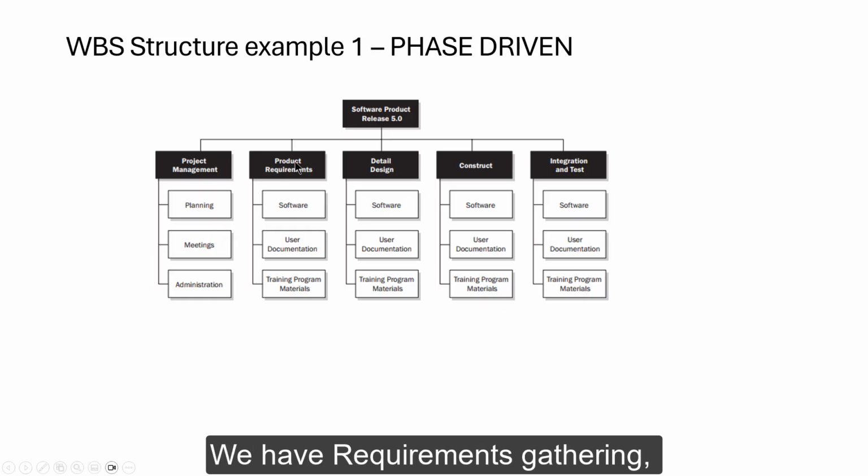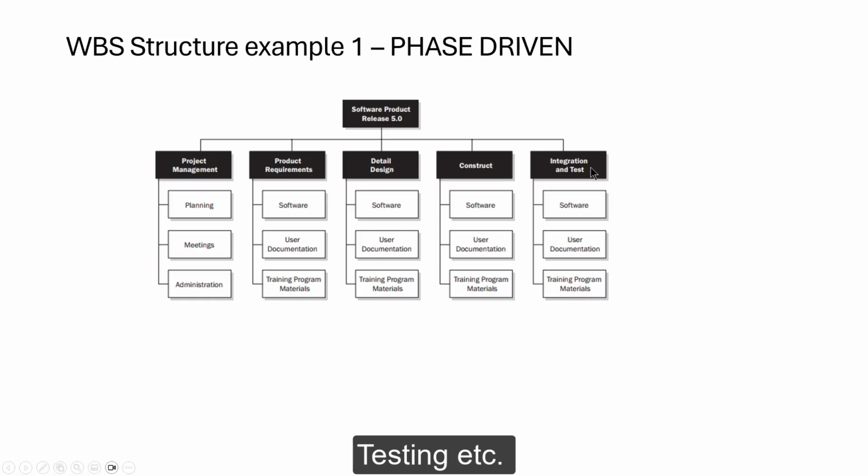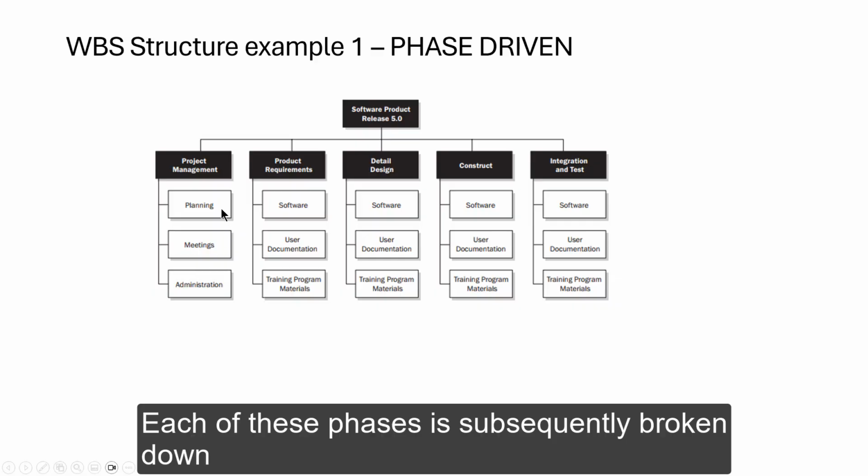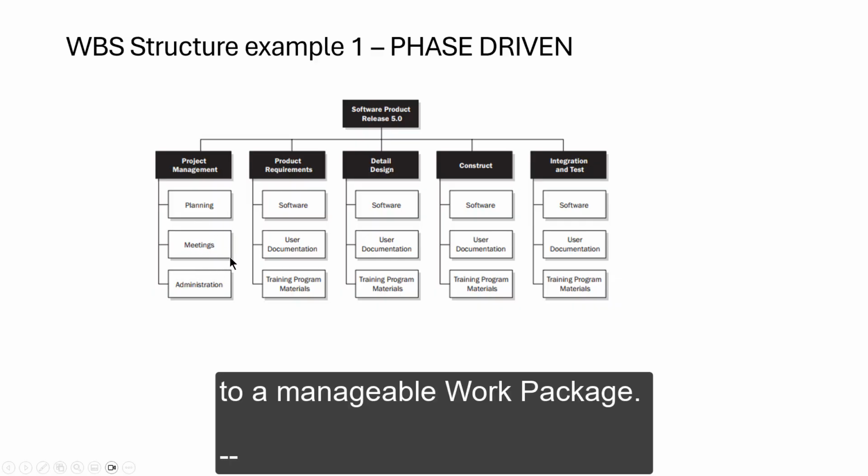We have requirements gathering, which is a phase, detailed design, construction, integration and testing, which are all different phases of the project. Each of the phases is then subsequently broken down into manageable work packages. Incidentally, all of these are at the same level and they are all work packages. You see it vertical here like this, but they are all work packages.